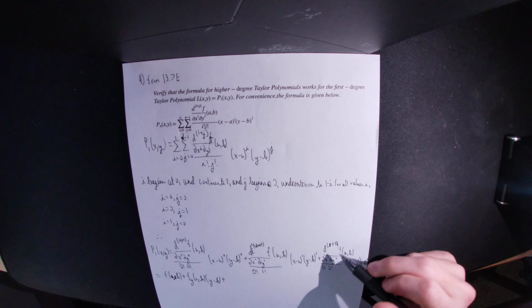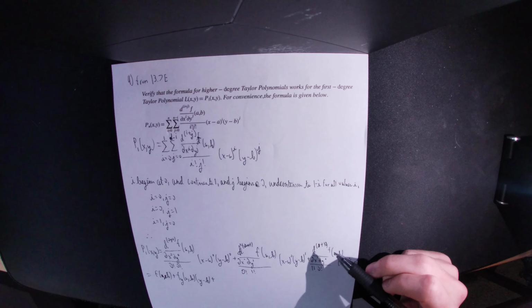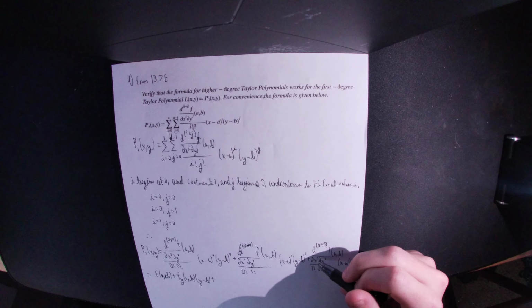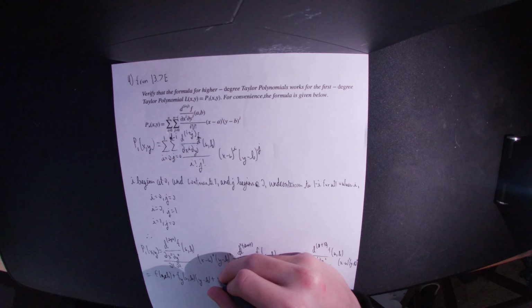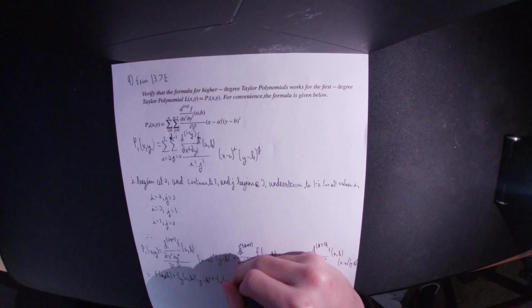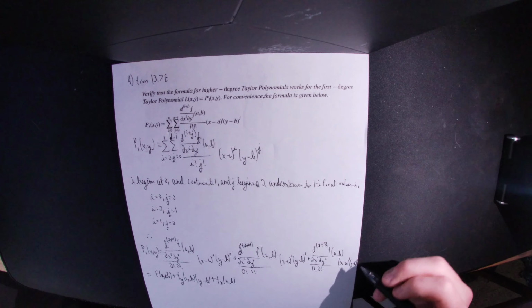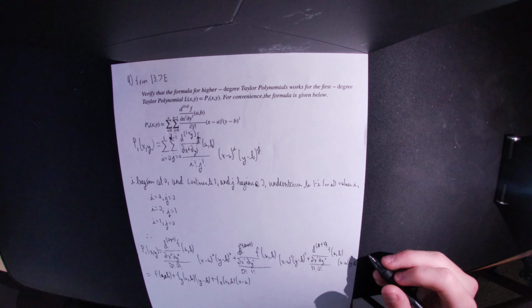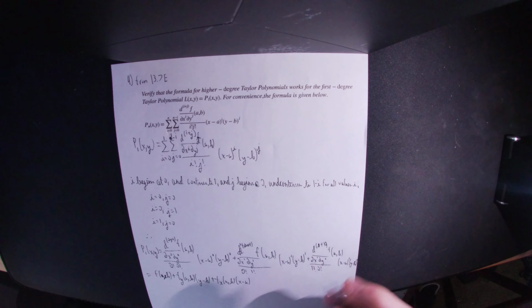Plus, same thing on the last term, the first derivative with respect to the partial x gives us f sub x of a comma b. 0 factorial is still 1, 1 factorial still 1. We can just get rid of these terms. x minus a to the first yields us x minus a. y minus b to the 0 yields us 1.